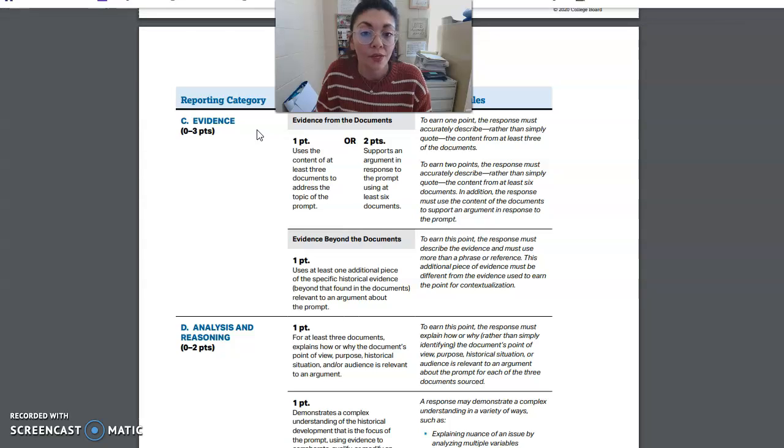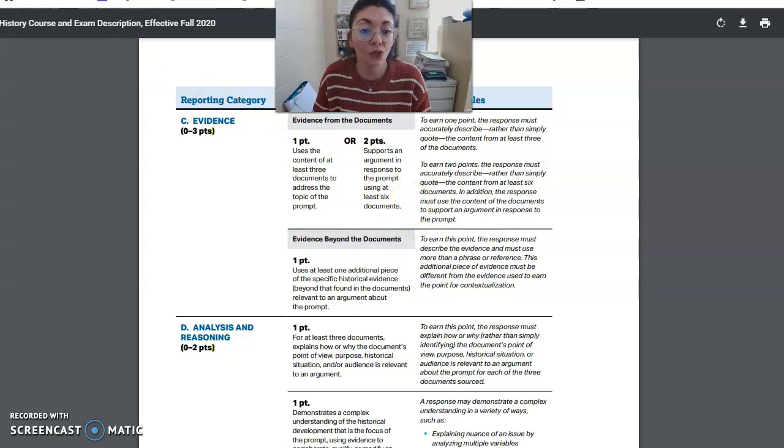Evidence is support for your thesis statement claims. This evidence has to come from the documents for 2 of the points, and beyond the documents for 1 point. To earn 2 of those evidence points, you must support your claim in response to the prompt using 6 of the documents in the document packet.